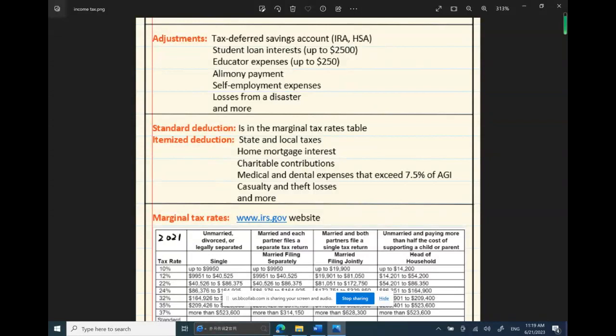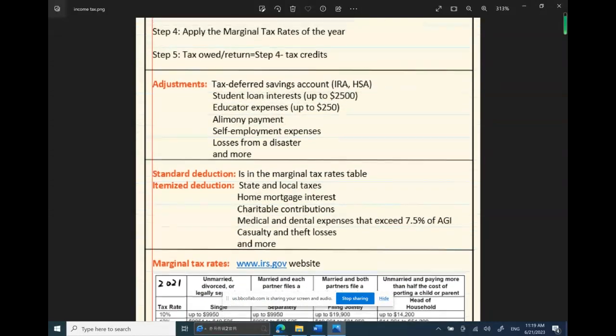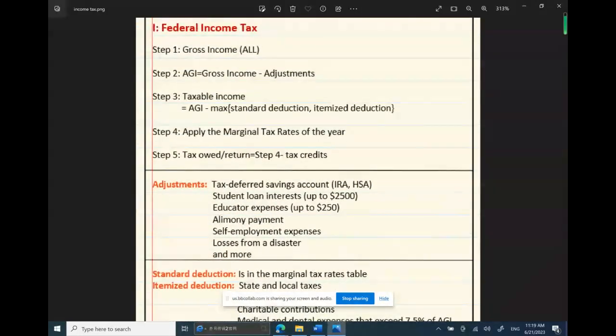Those are itemized deductions. So everybody, we need to compare. Is the standard deduction higher than the itemized deduction or the other way around? We choose the bigger amount and then subtract it from AGI to get our taxable income.